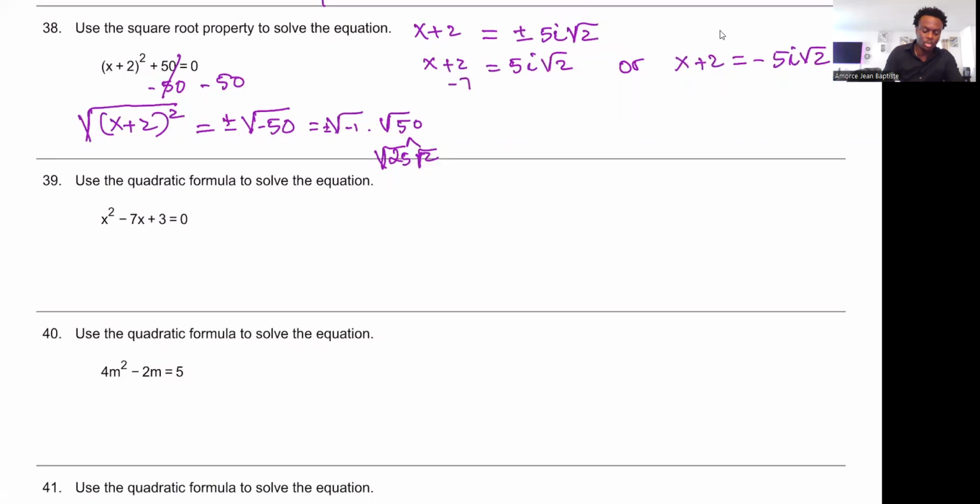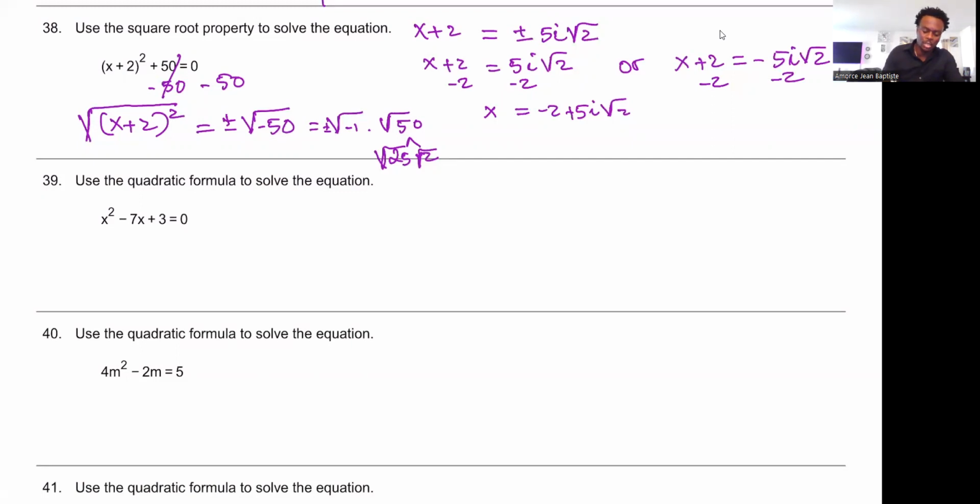Now we can subtract 2 on both sides to isolate x, and then we get the two solutions. Oh, let me put the negative 2 first. So x equals negative 2 plus 5i square root of 2.